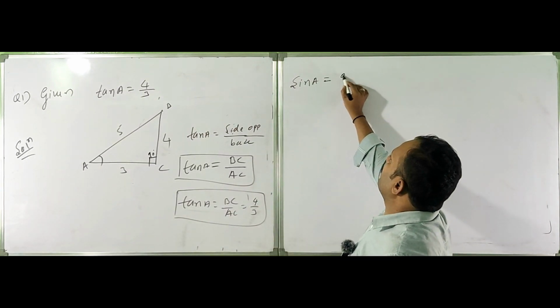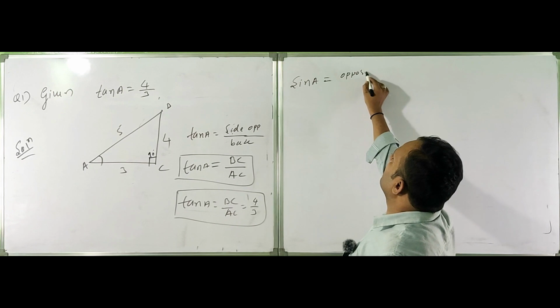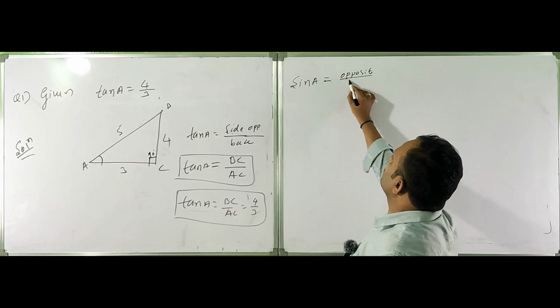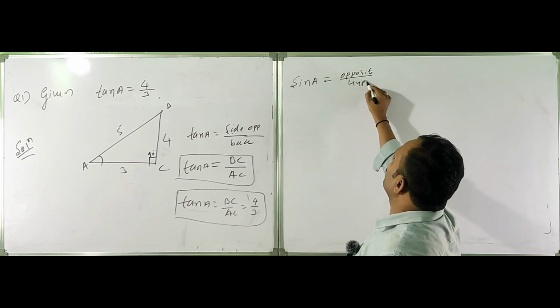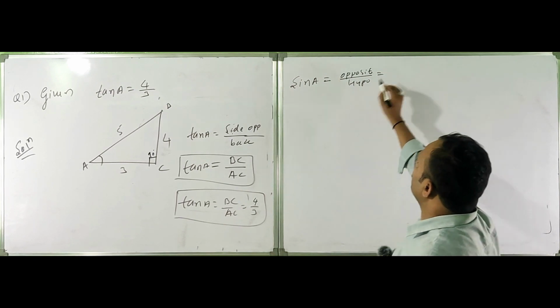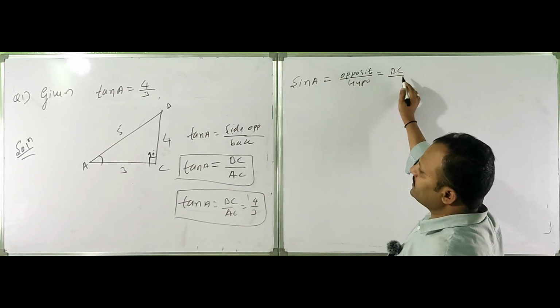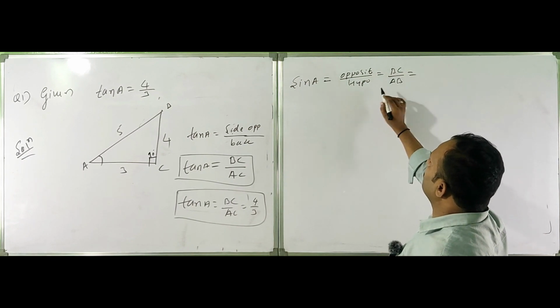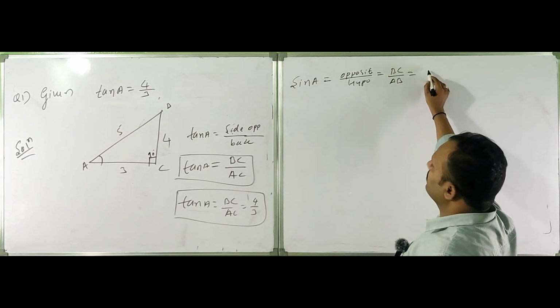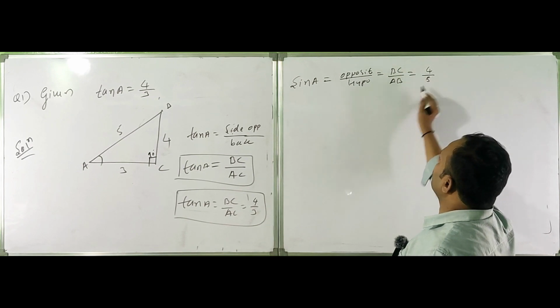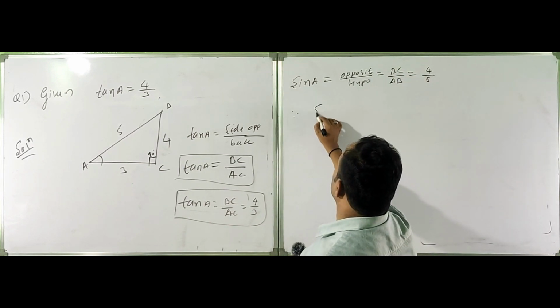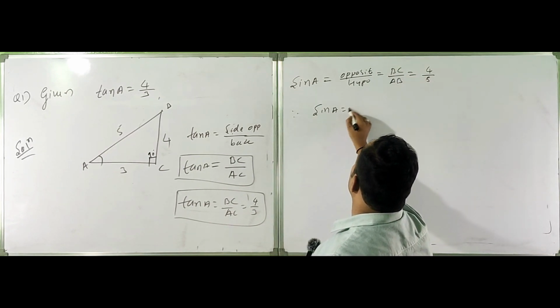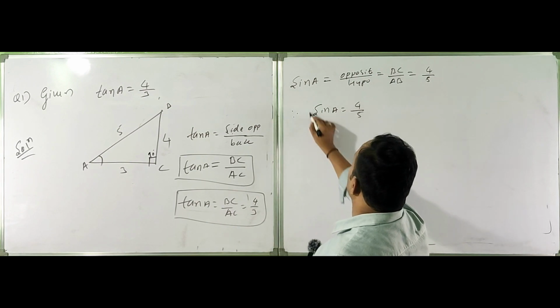First, sin A. What is the definition? Opposite by hypotenuse. What is the opposite here? BC. What is the hypotenuse? AB. Therefore, sin A is equal to 4 by 5.